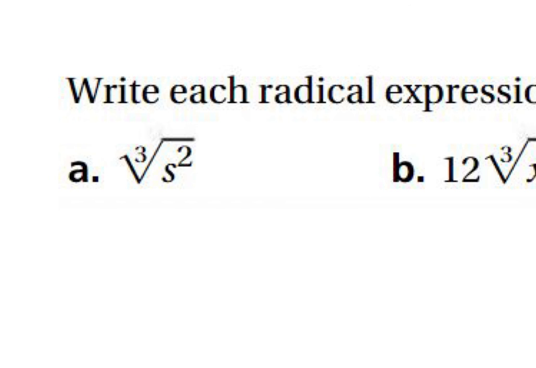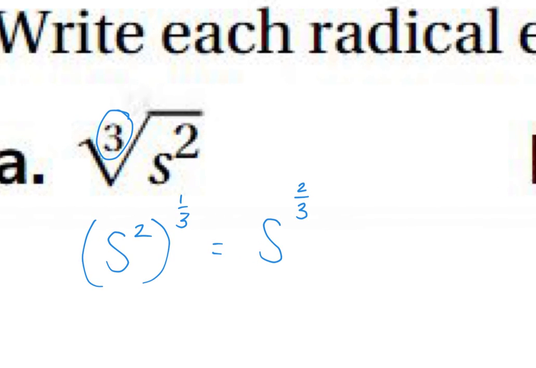What is it, Maya? 3. Okay. Our index is 3. And the index is going to be what in our exponent? The denominator. Okay. So this is going to be s squared to the 1/3, which is just s to the 2 over 3. S to the 2/3.